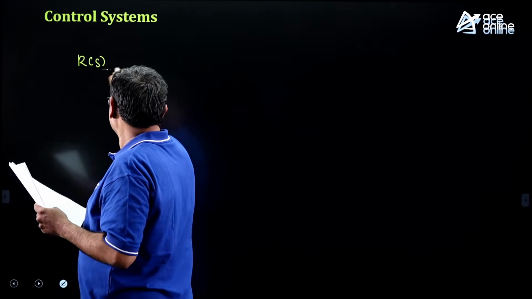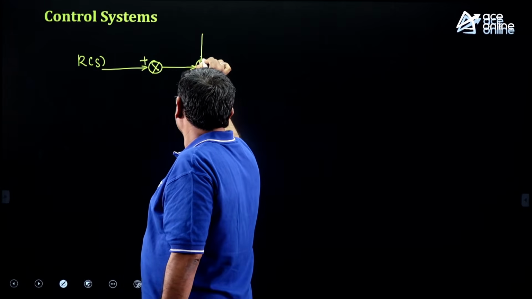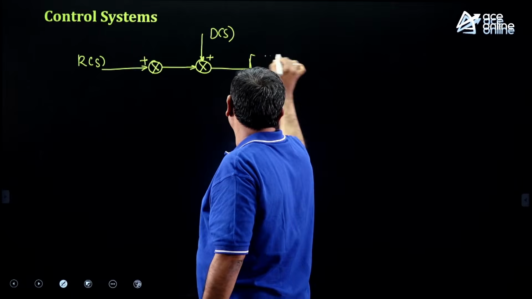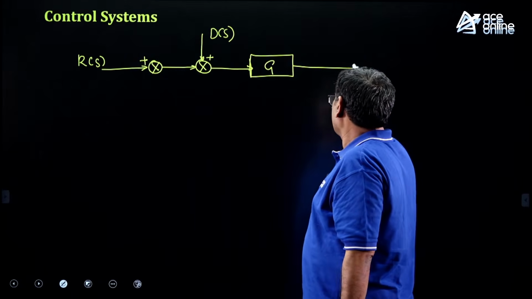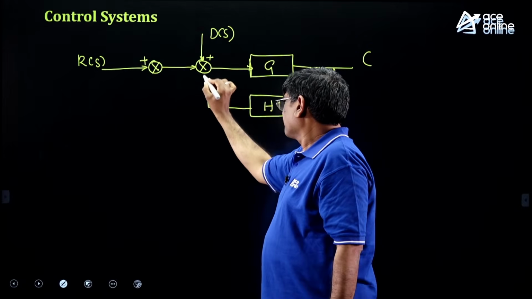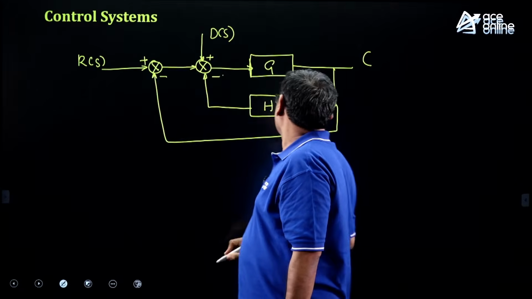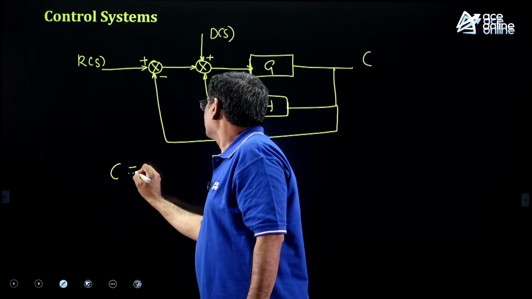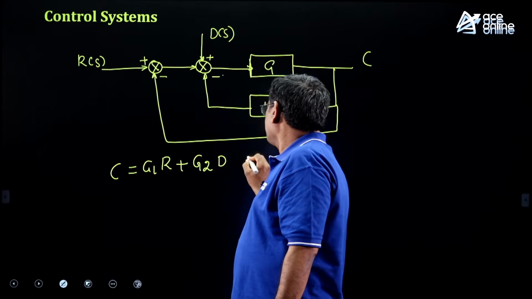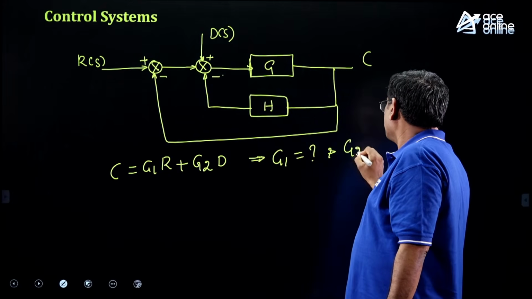R of S, D of S. So they given C equal to G1 into R plus G2 into D. They asked what is G1 and what is G2.